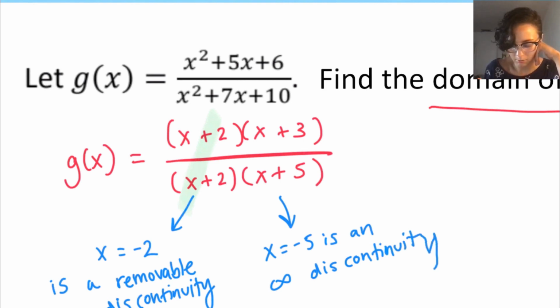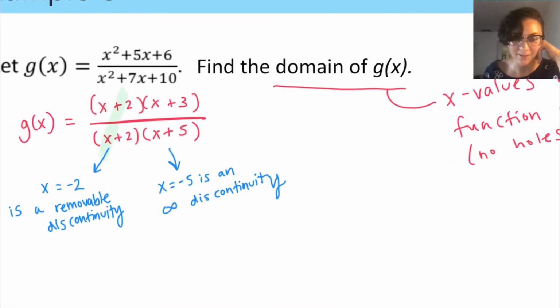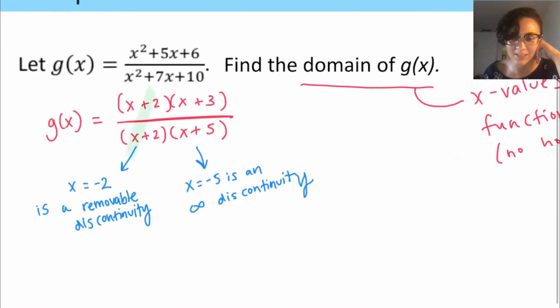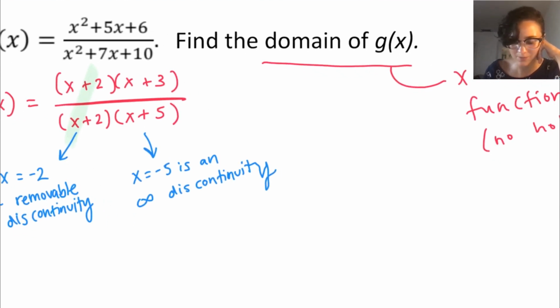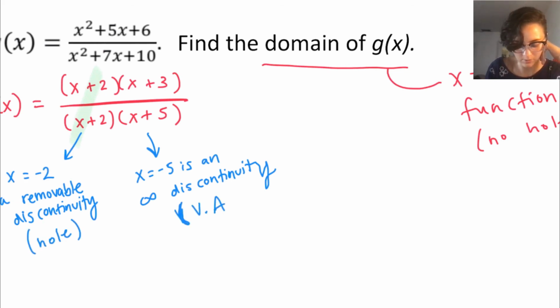So at those values of x, the function doesn't exist. So since the function does not exist, it's not in the domain. There's no values there. There's a hole and there's a vertical asymptote. So because of those, there's no x values there.